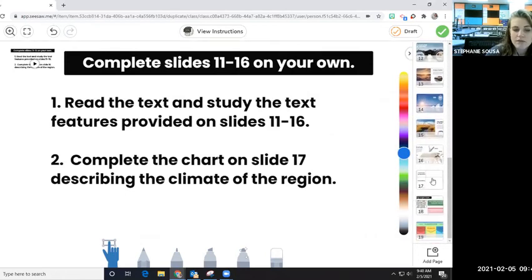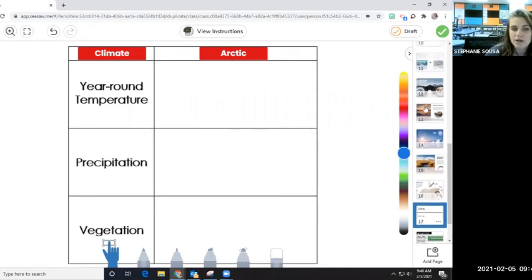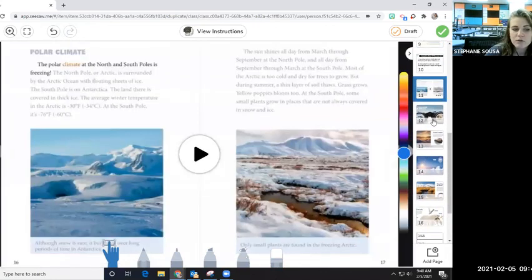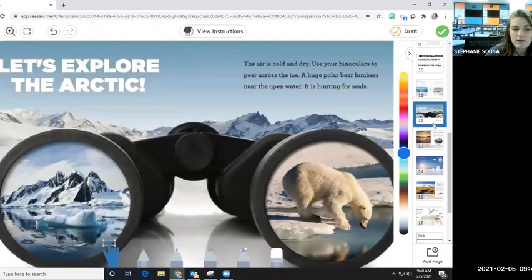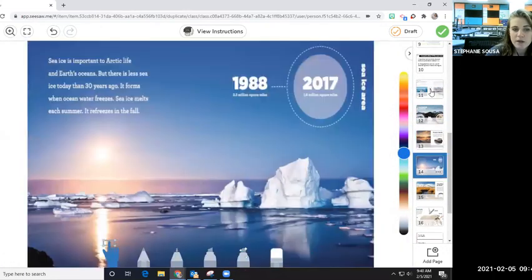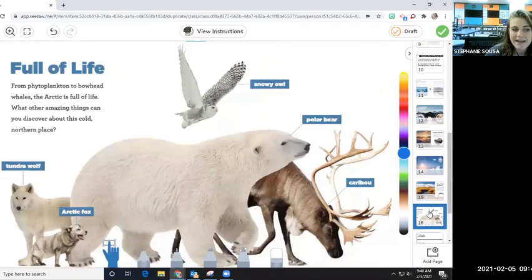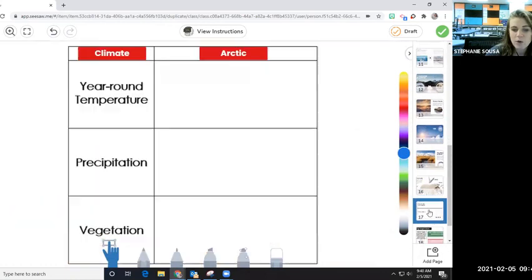So the chart on 17 is the exact same as the chart that we just completed, except you are working on the Arctic climate now, okay? So slides 11 through 16 will give you information about the Arctic climate for you to read and highlight and record.